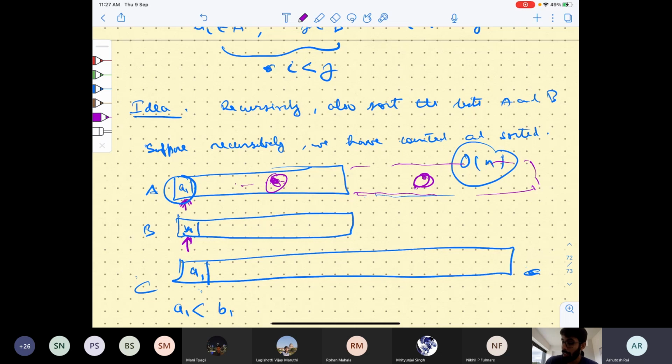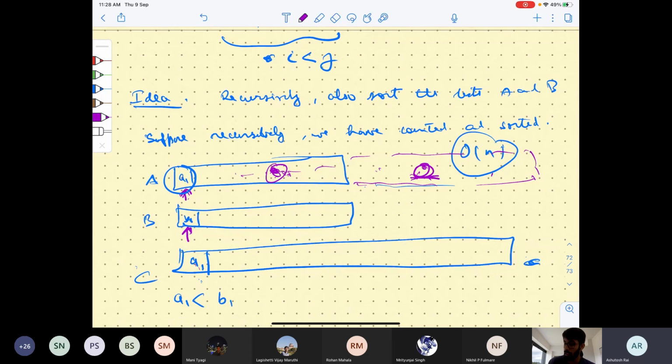A1 might be occurring somewhere here in position in the original list, but the smallest element of B is still bigger than A1, which is the smallest element of A right now. That means no other element can be smaller either, so all the elements of B will always be in the correct order with A1. So that's why A1 cannot give rise to any inversions. So we will put A1 and we will not increase anything.